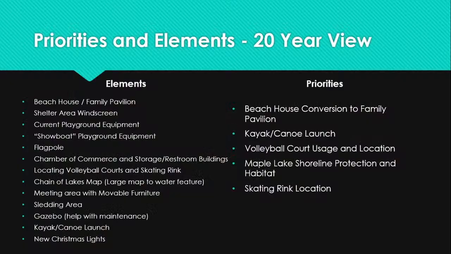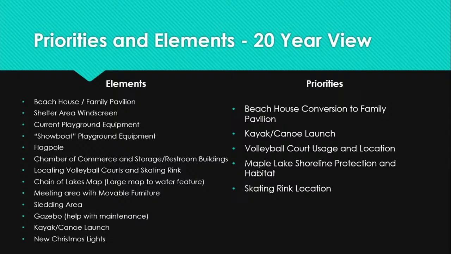So we'll talk about some of the priorities and elements that we have so far, and again, we're going to mention the 20-year view. The elements are pieces of the park, things that are actively used or could be used. Some of them are in existence, and others are just proposed ideas.